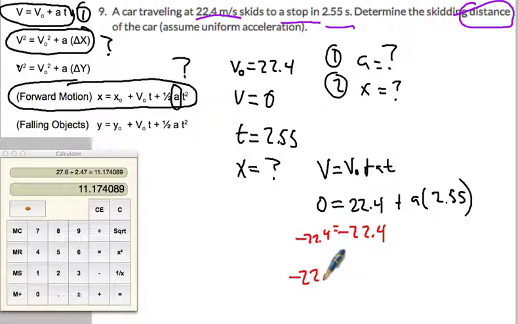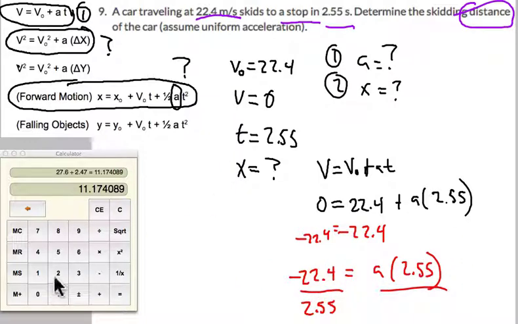So negative 22.4 equals acceleration times 2.55, and then we'll divide. 22.4 divided by 2.55 equals, this is going to be a negative. It's not my calculator because I didn't have the button, but it's going to be a negative. Acceleration equals negative 8.78.